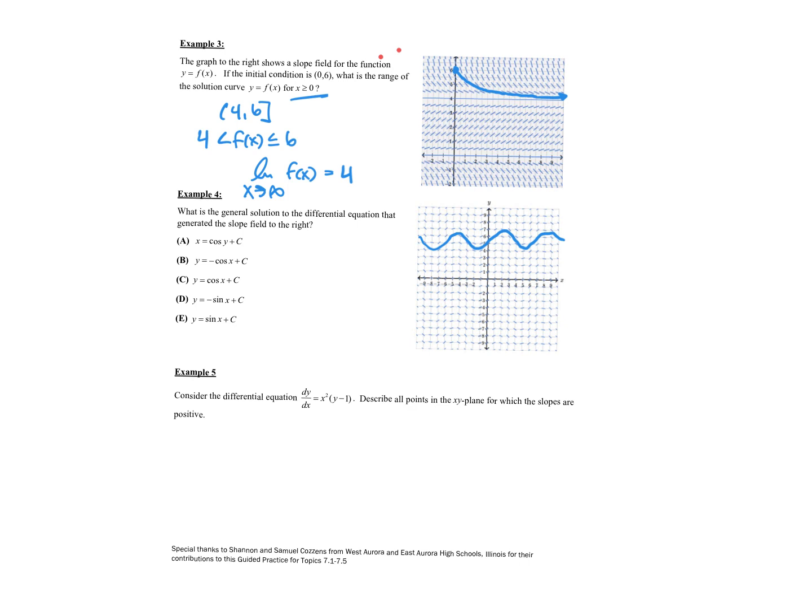What you're saying is if you plug 0, 0 into dy/dx, that's when you should get 1, right? So if this shows you that it goes right like this, which one of those functions, when you plug in 0, do you get 0? Sine or cosine?